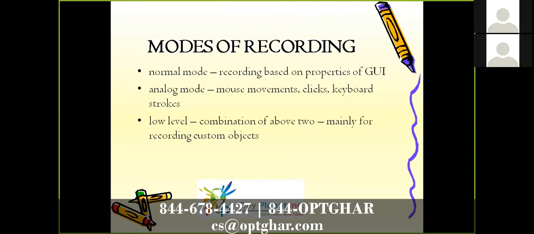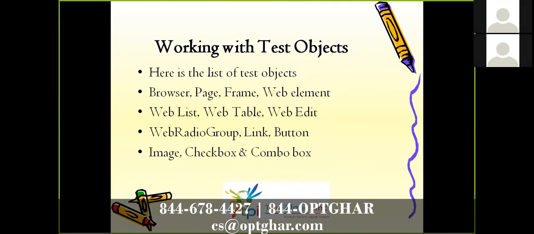And low level recording is a combination of analog and normal recording. Here it mainly considers things like height, width, and the X path.